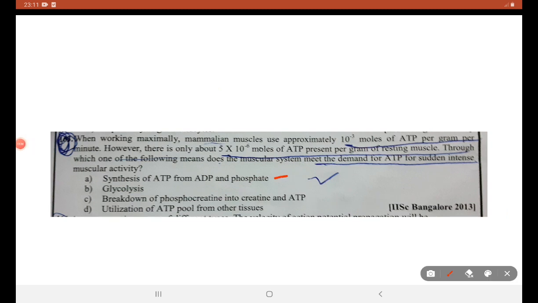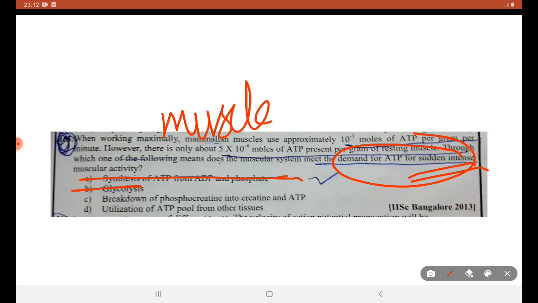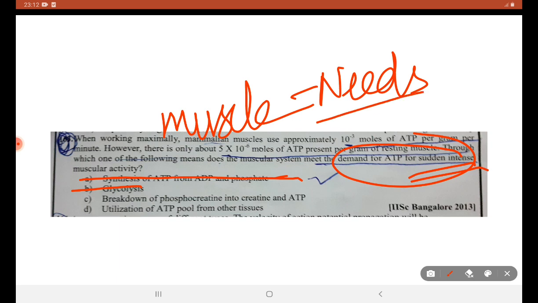First option, synthesis of ATP from ADP and phosphate. No. Glycolysis, immediate for muscle. It is mentioned clearly. Muscle needy. Utilization from other tissues: from other tissues ATP is present, it should be transported, and for that energy should be utilized.